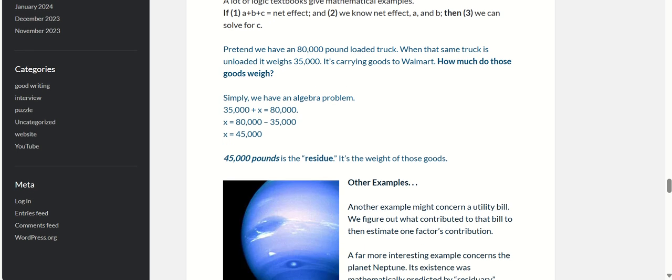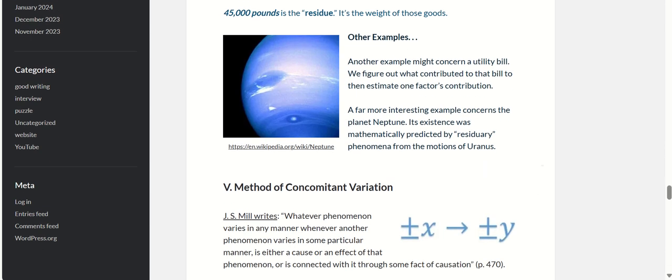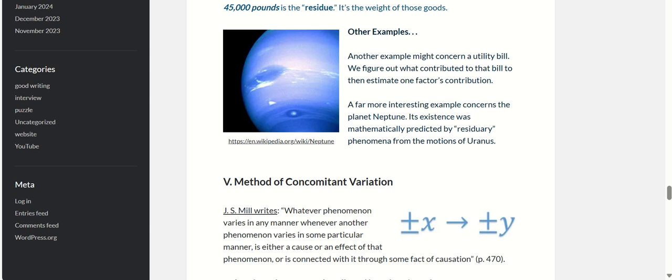But I think a much more interesting example, and very complex mathematically, concerns the planet Neptune. Its existence was mathematically predicted by the residuary phenomena from the motions of Uranus.